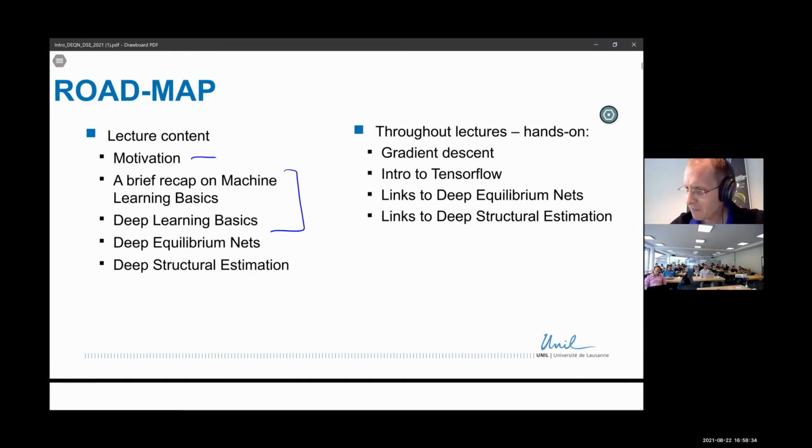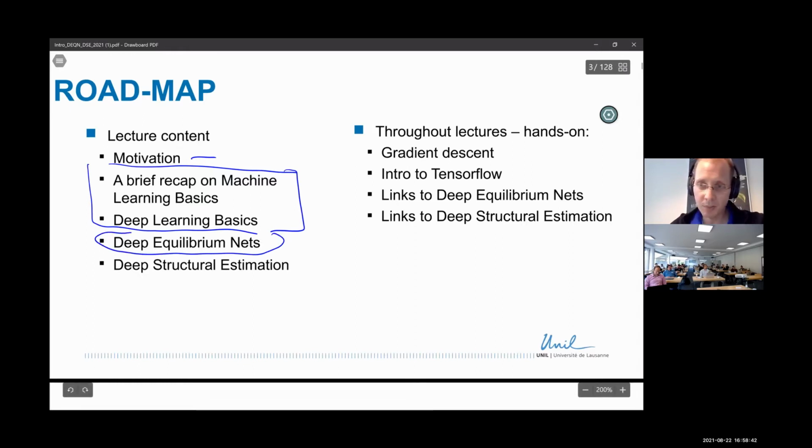Once we have these fundamentals, we are ready to see what deep equilibrium nets are: a way to use neural nets with unsupervised machine learning to solve complex models. And at the end, we will use deep neural nets to also estimate models.